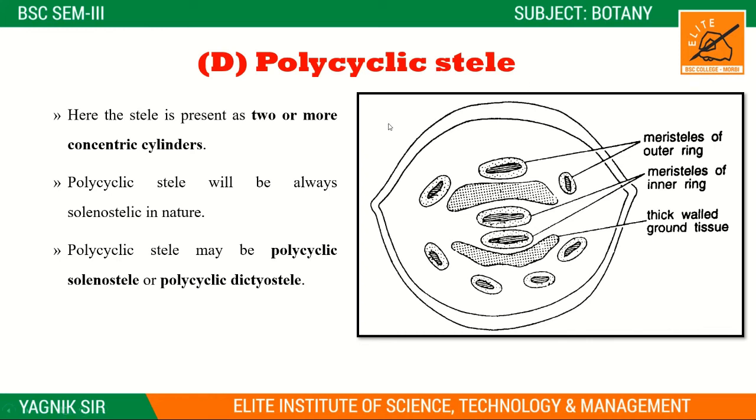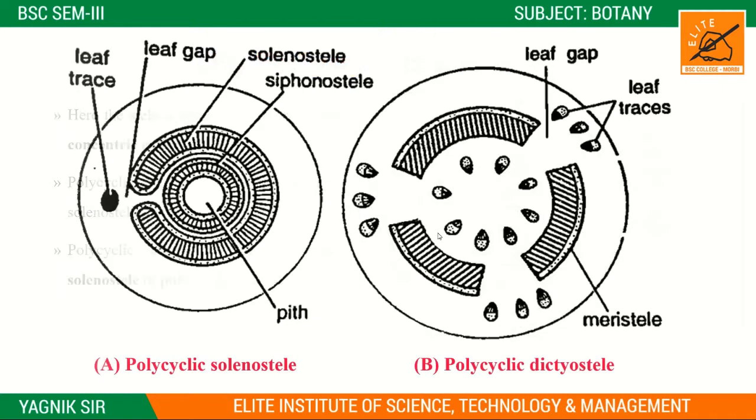Why dictyostele? Because here the vascular strands are separate, right? Here we can see this is the first vascular bundle, this is another vascular bundle, and all vascular strands have an individual endodermis and pericycle, right?